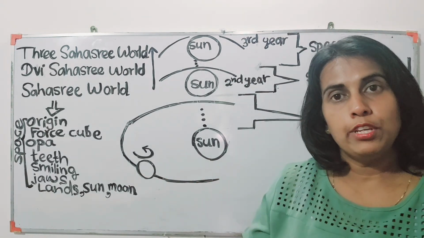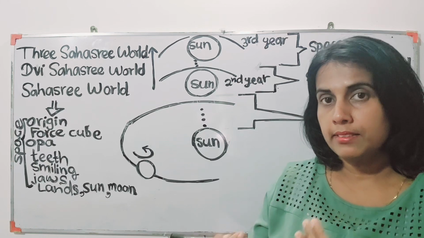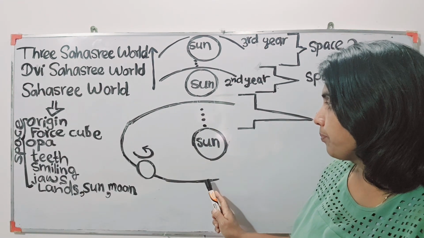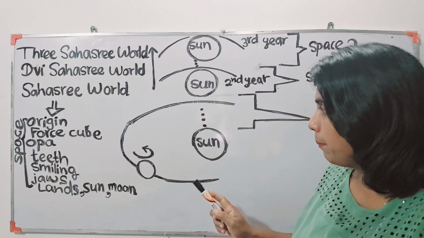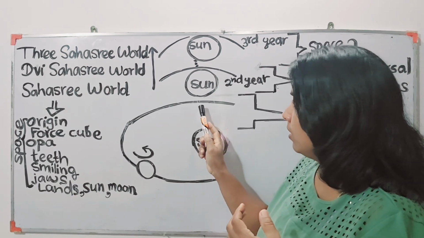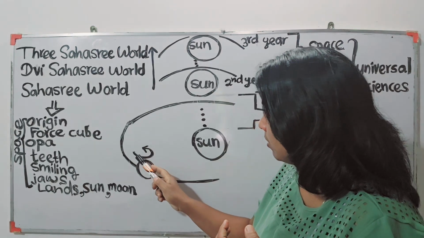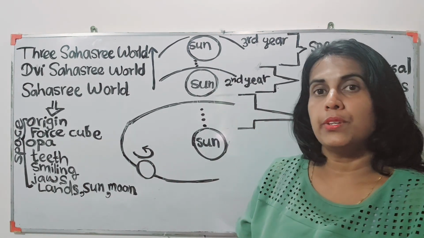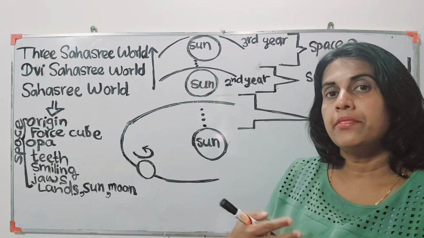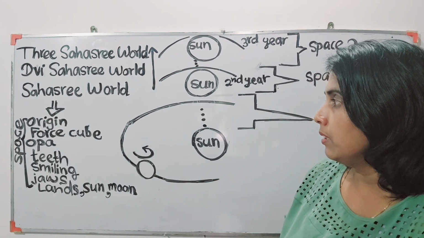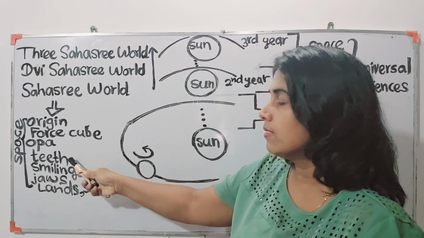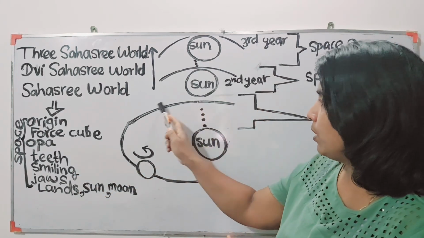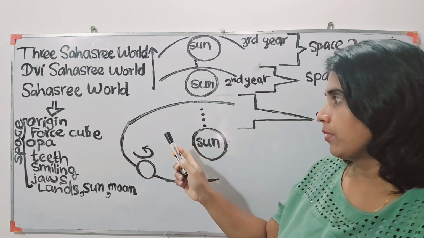The energy of the human brain makes the earth rotate around the sun, and what is happening when the human brain rotates the earth around the sun? It releases the energy. The human brain releases these universal sciences from here to here when it is rotating.